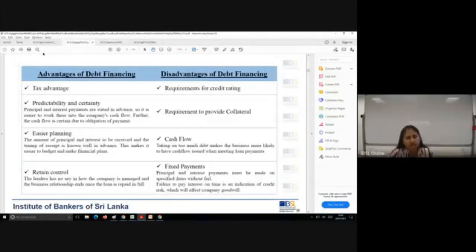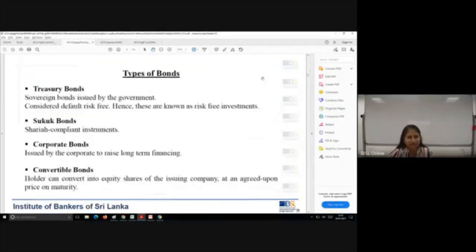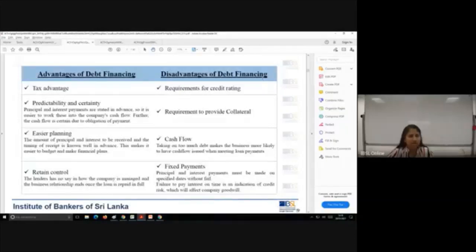Now, what are the benefits of going for debt financing, and what are the disadvantages of going for debt financing? Then we'll move to the debt capital instruments. First and foremost, why do we prefer debt over equity? The very first benefit is the tax advantage.